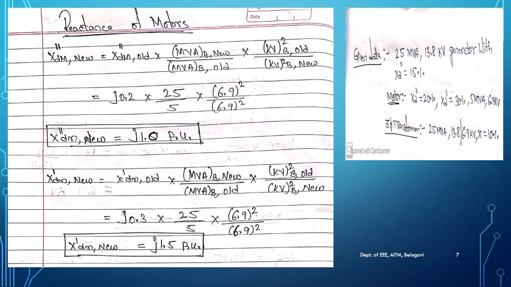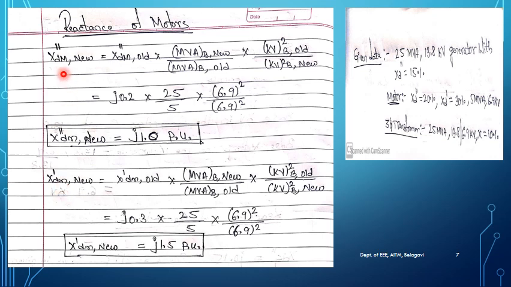Now let us find the reactance of the various motors. This is the formula we have. With the use of this formula, as I told before, we are going to find the reactance for each region: the subtransient reactance, the transient reactance, and the steady state reactance.